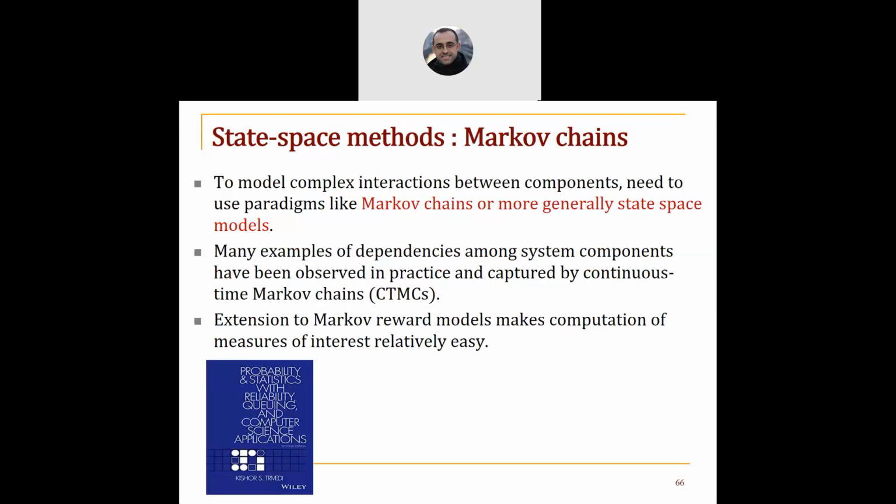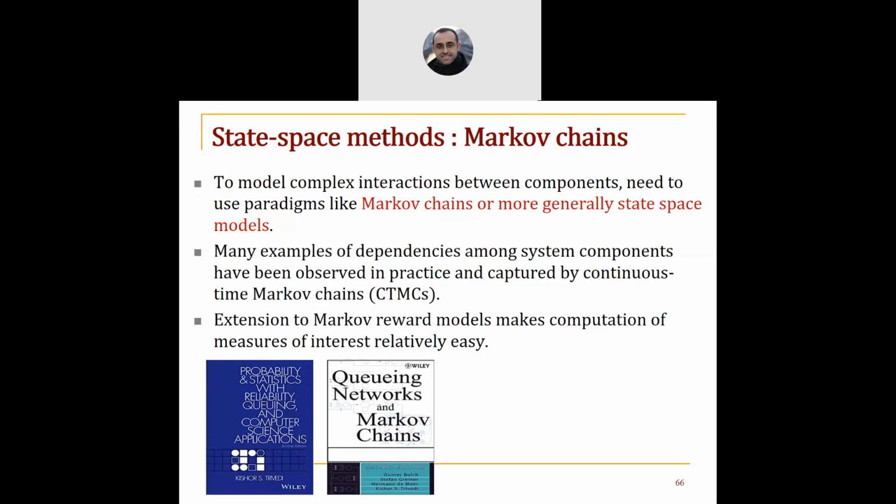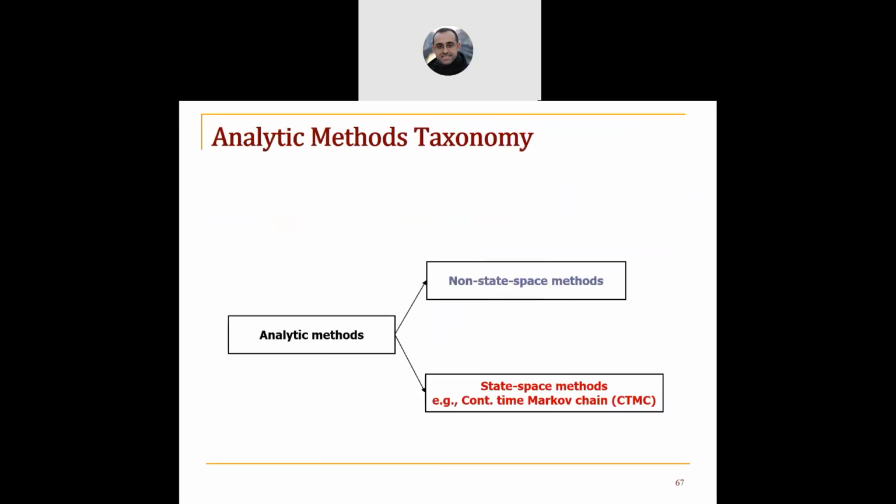And more on Markov chains can be found in my old book called the Blue Book, in my queueing network book called the White Book, and of course the green book that we are currently discussing. So analytic methods wise, we have covered non-state space methods, and now we are going to cover state space methods, particularly using continuous time Markov chains.